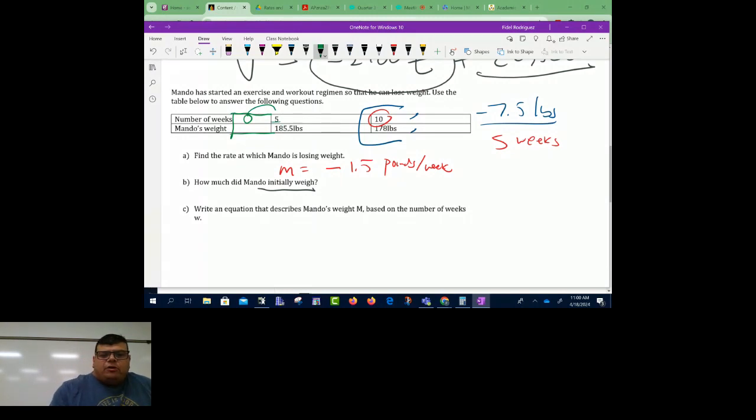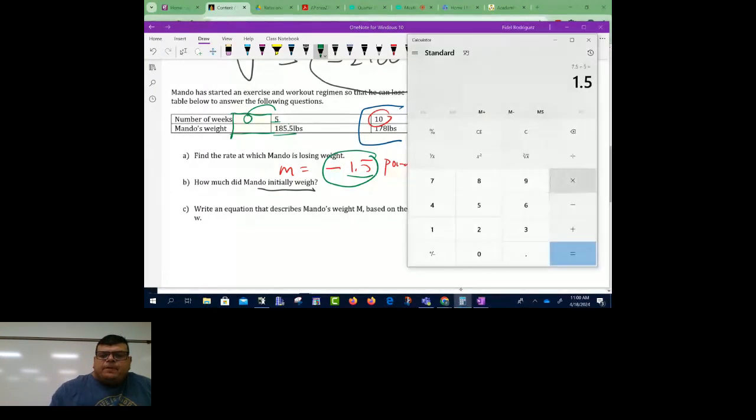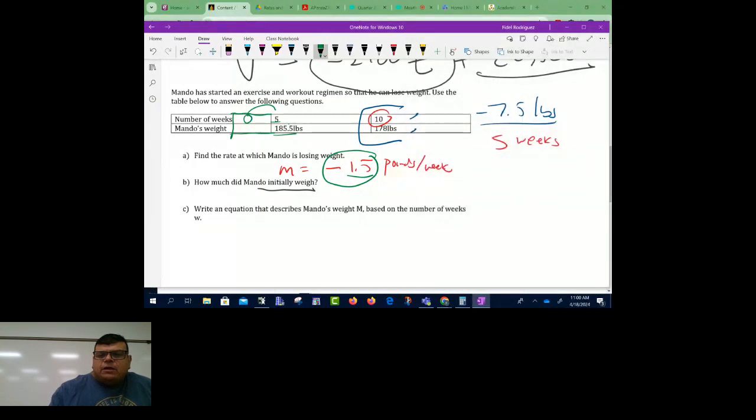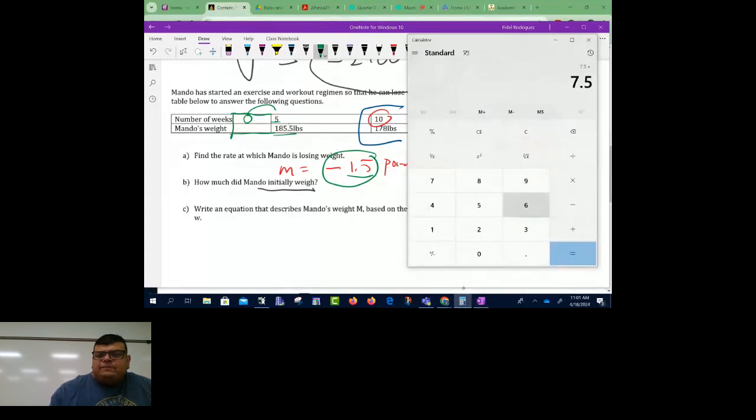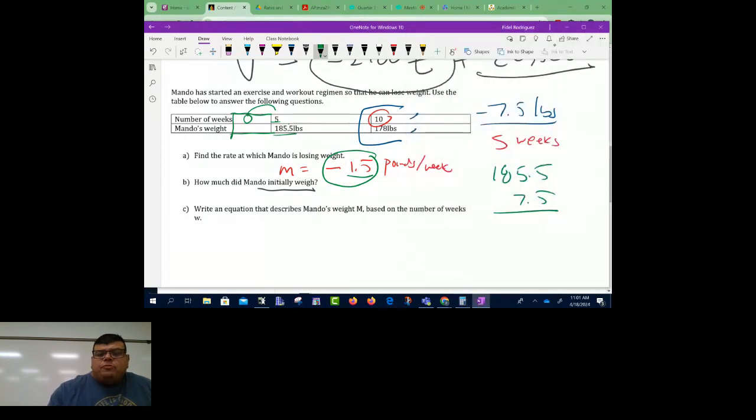And so we figured out what he weighed 5 weeks later. So we want to know how much did he weigh before. Couldn't we take that 1.5 and multiply it by 5 and add it back to that number? So look, y'all, if I multiply that by 5, 7.5 pounds. So y'all, I'm going to take his weight, 185. I'm going to add the 7.5 to it. So he originally started weighing, y'all, at 193 pounds, okay?